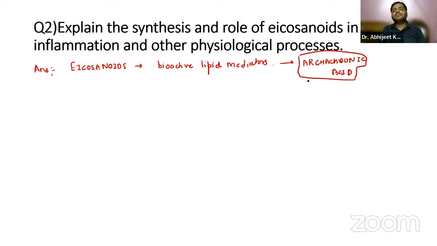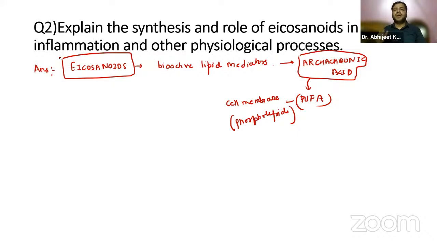Arachidonic acid, we have already discussed in the last class, is a polyunsaturated fatty acid, and this is basically found in the cell membrane. Which component of the cell membrane? That is the phospholipids. So that is the eicosanoids.